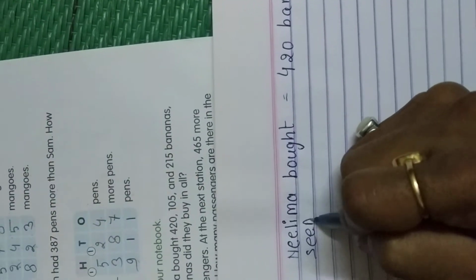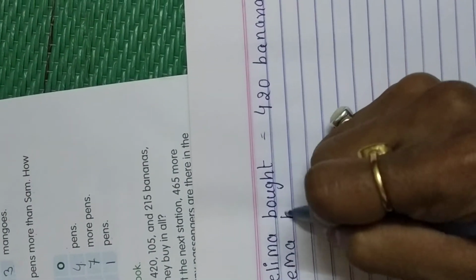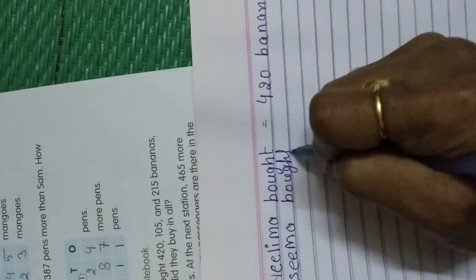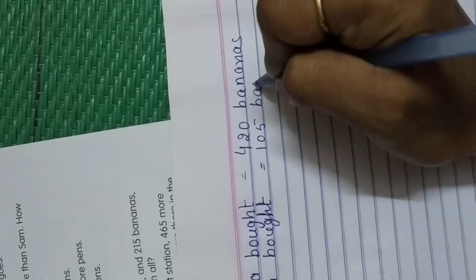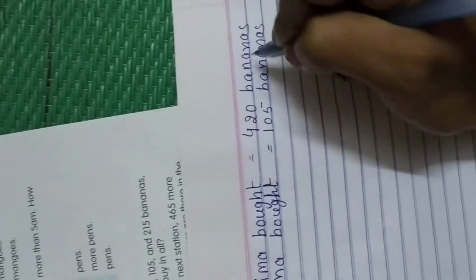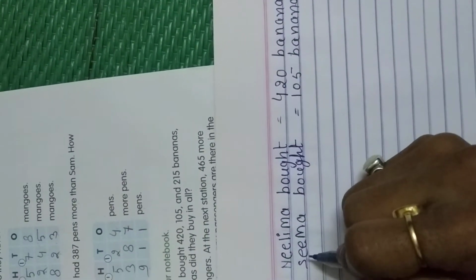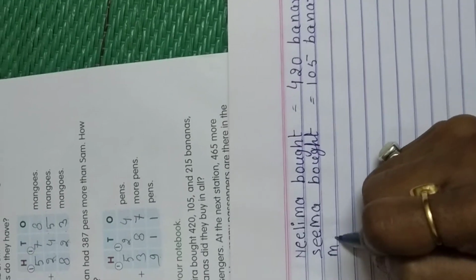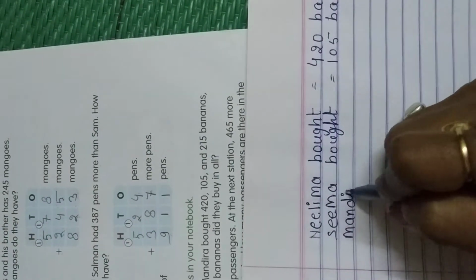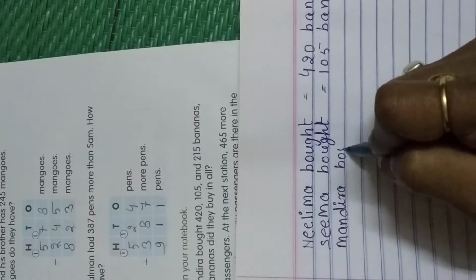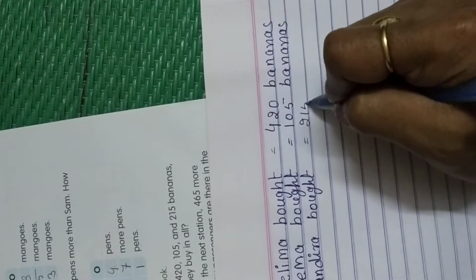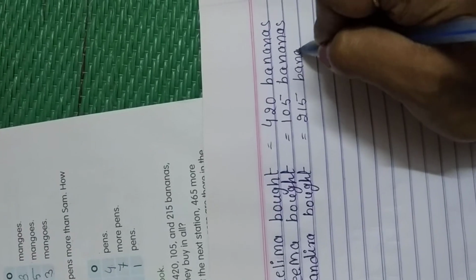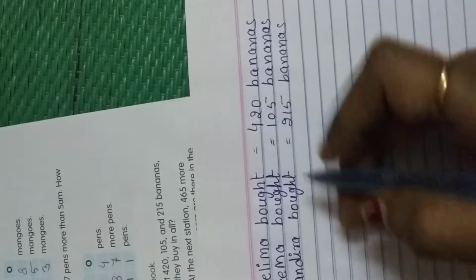Seema bought 105 bananas, and Mandira bought 215 bananas. Now you have to add all these numbers.